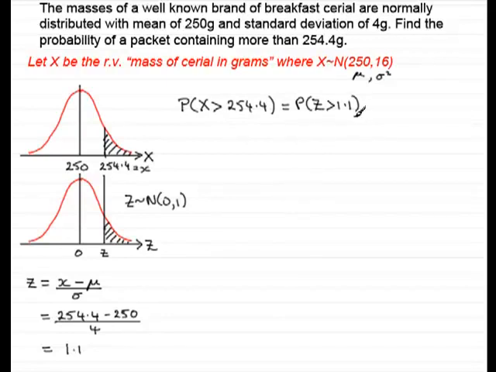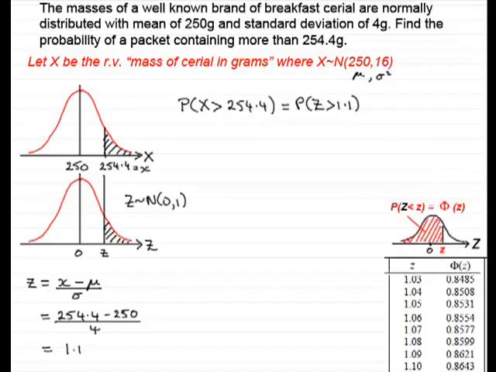Now we need to use cumulative normal distribution tables, and I've got an extract from the tables here. You'll find these tables normally in the back of a statistics textbook or in a formula book.